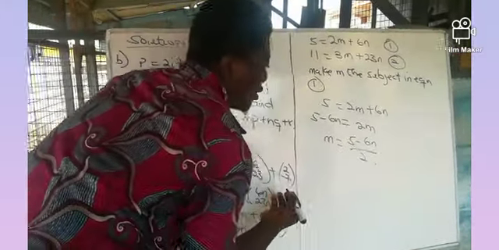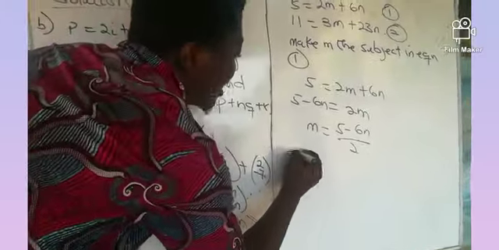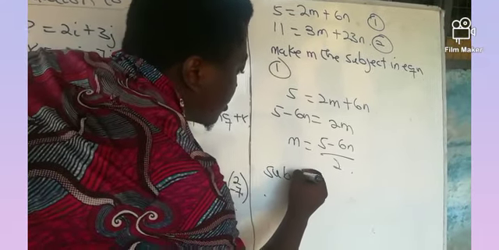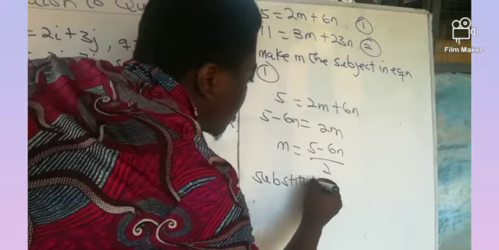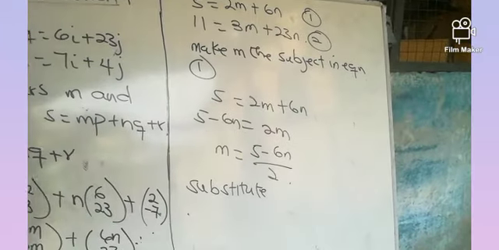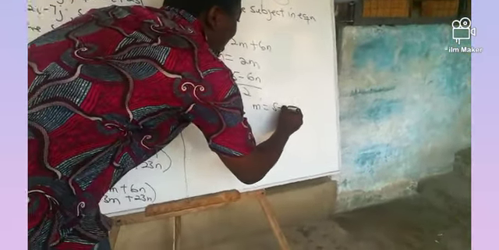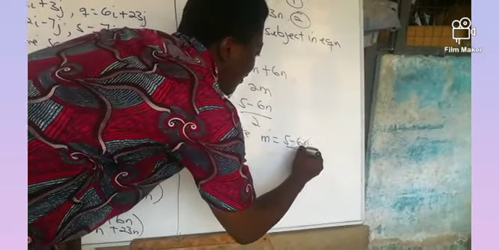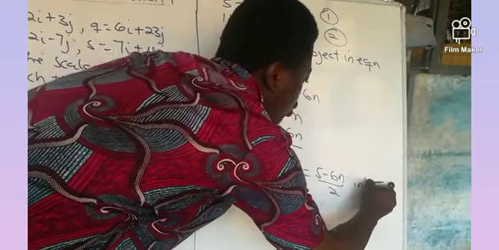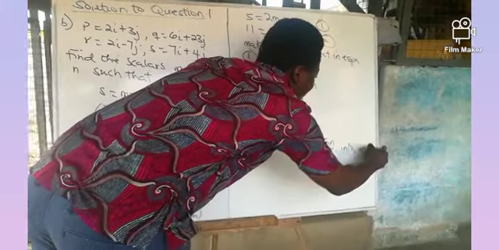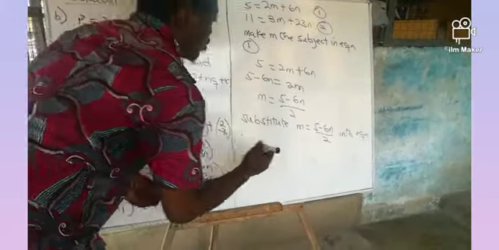Now, since we are using substitution, you will say substitute m equals 5 minus 6n divided by 2 into equation 2.